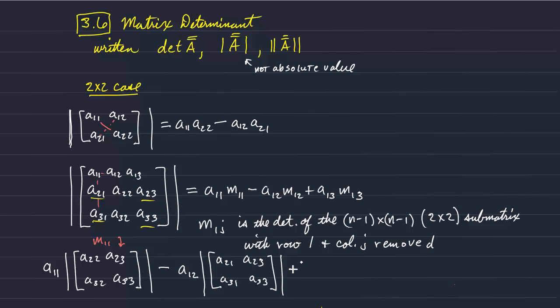And then the last term is A13 times M13. So we look at the first row, we remove the first row and third column, and we're left with this submatrix.